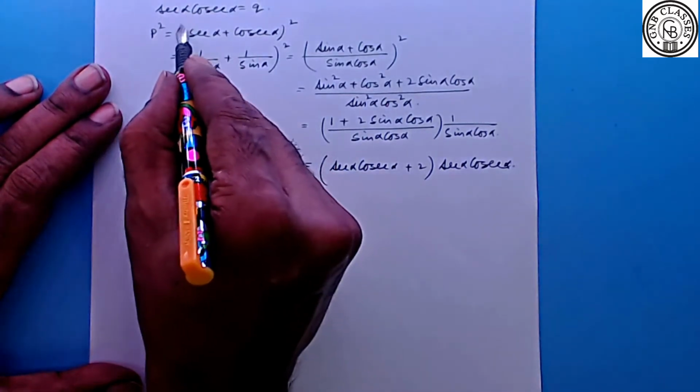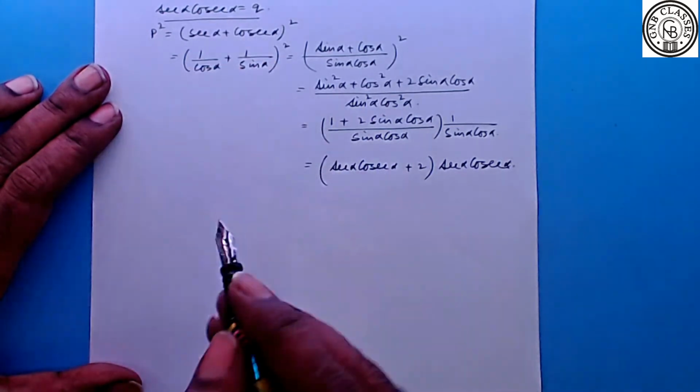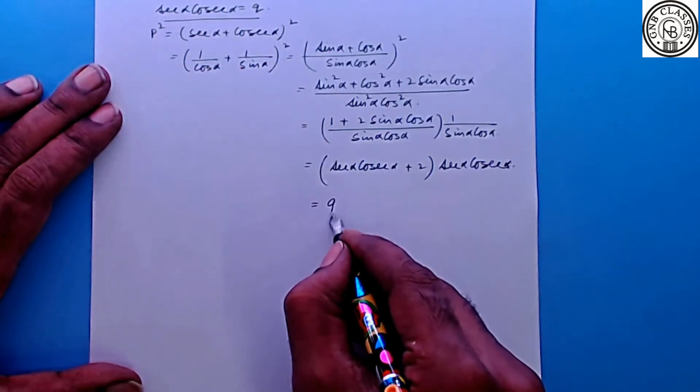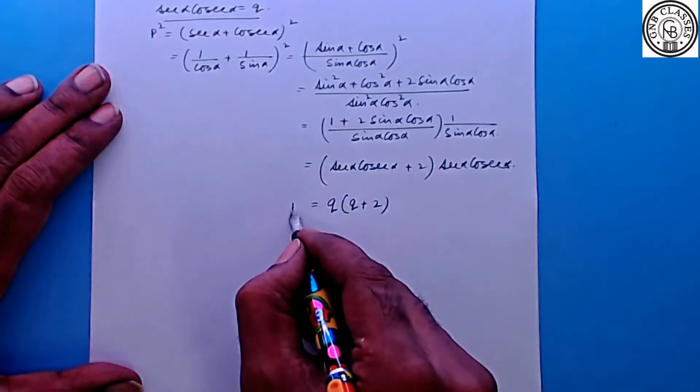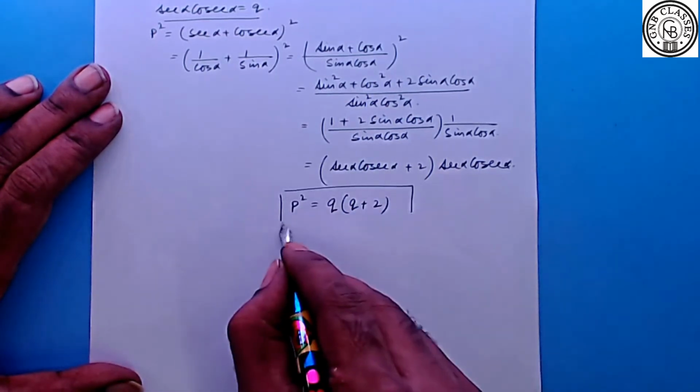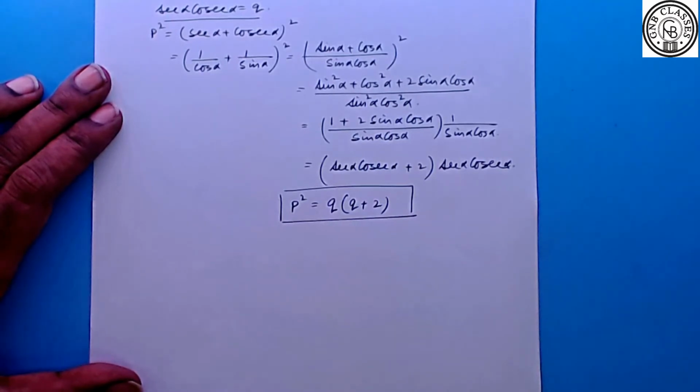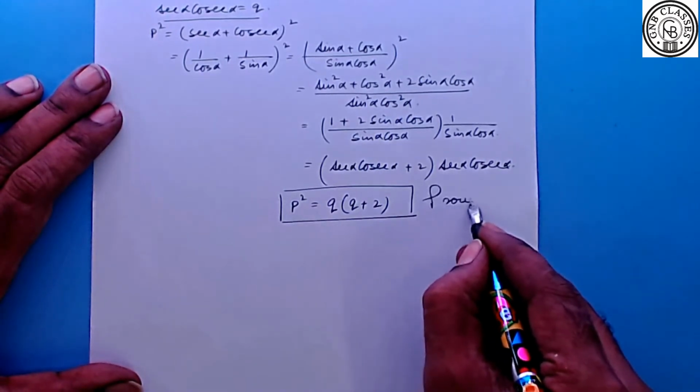Now we know that sec α cosec α is q, so let me just replace it. So it's q times (q + 2). So we have proved that p² is nothing but q into (q + 2). Is it clear to all of you?